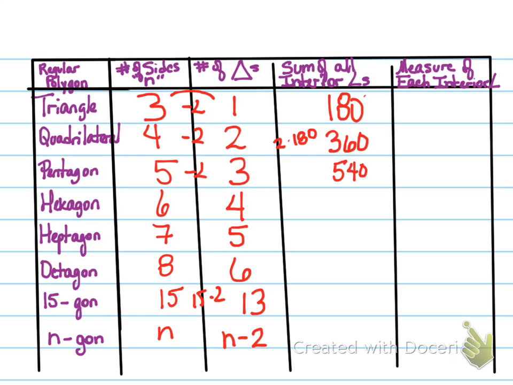Well, in this case, it was 3 times 180. So in the next one, the number of triangles, which is 4 times 180, would give us the total degrees, which is 720. All right, and the next one we're going to have 5 times 180, which is 900 degrees. That's the total degrees in this shape.